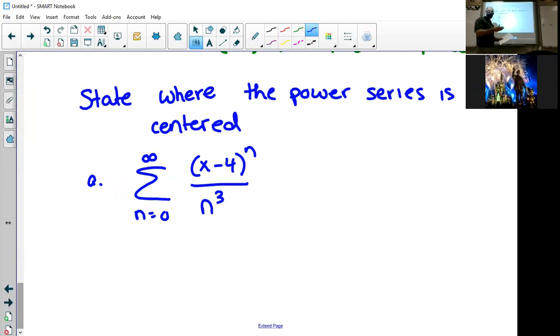Okay, if it's just x raised to a power of n, then the center is 0. But what we're looking for is this piece right here. All right, just like transformations with functions and everything, when you have x minus 4 in there, it moves it 4 to the right. Well, our center for this one is going to be c equals 4. Okay, that's our center.